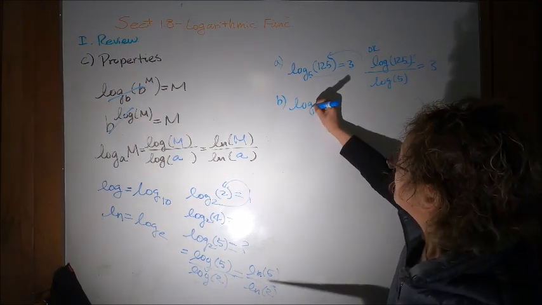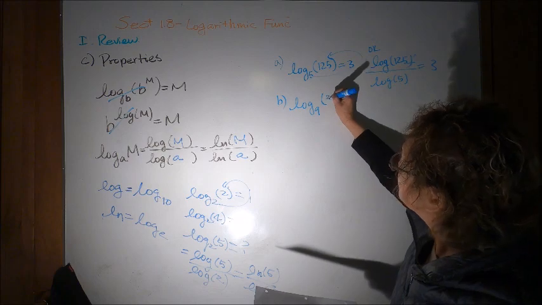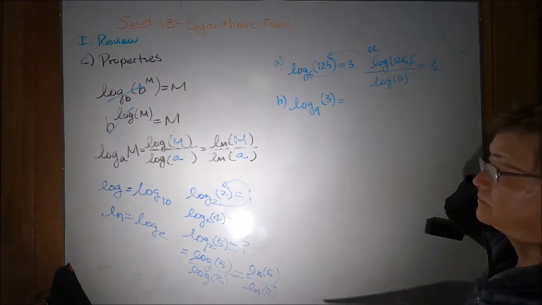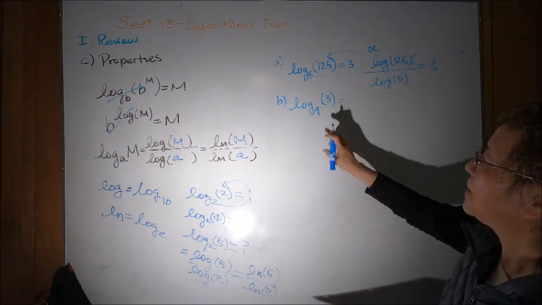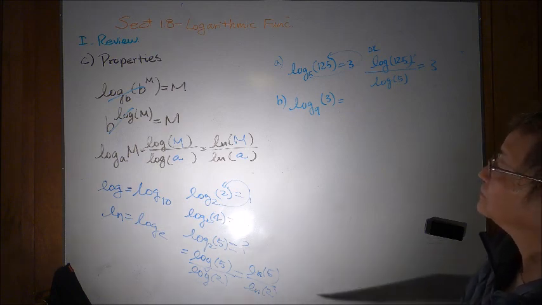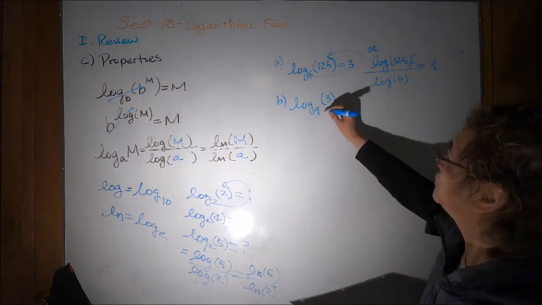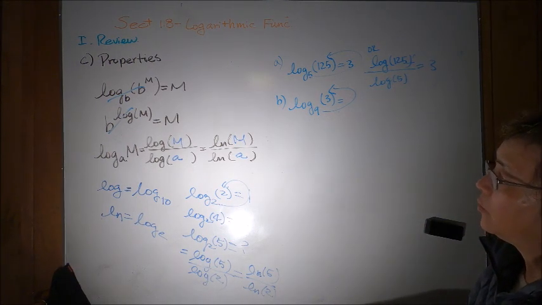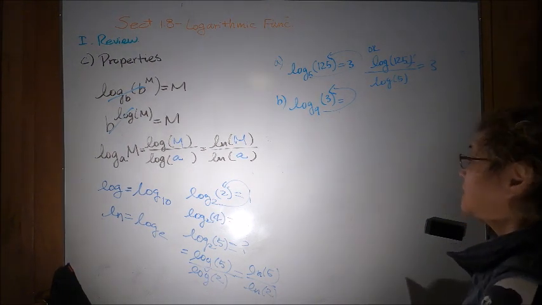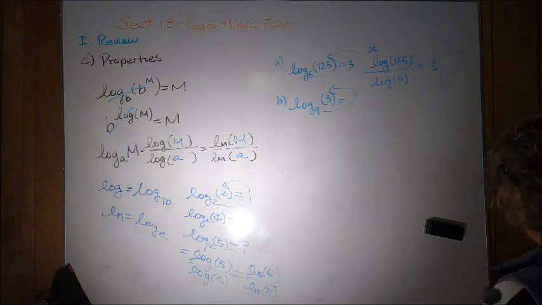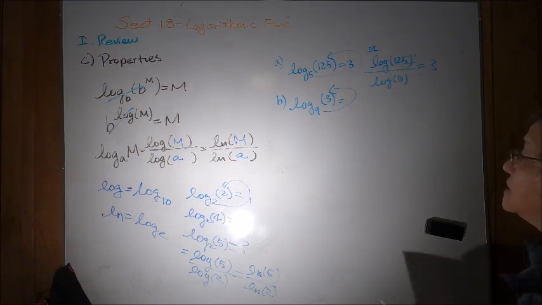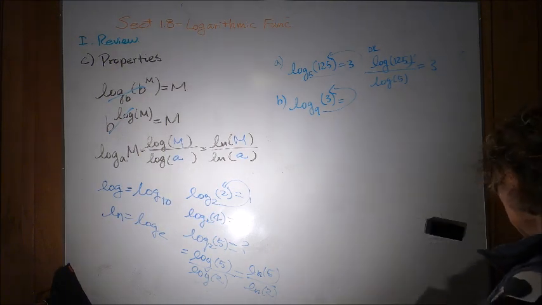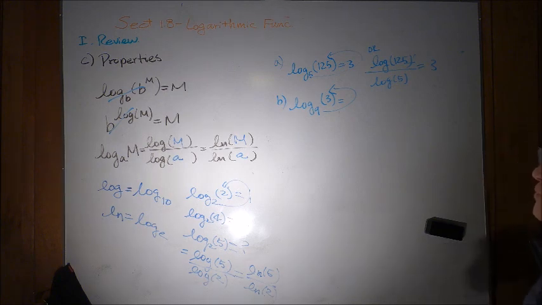How about log base 9 of 3? 9 to the what power is 3? It's not that obvious. So what you can do, think about it as you try to find the value.